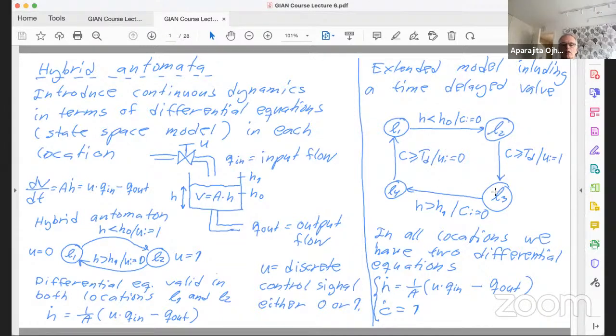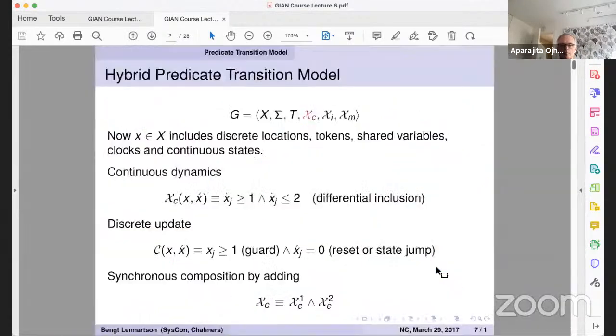So this is an extended hybrid automaton describing also the delay of the valve. So this type of model is very flexible. It can describe more or less every physical system.